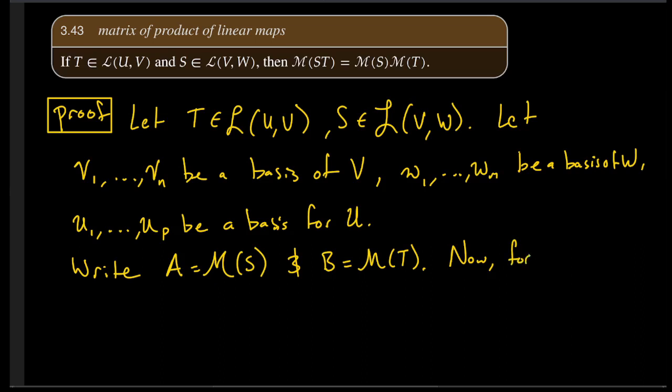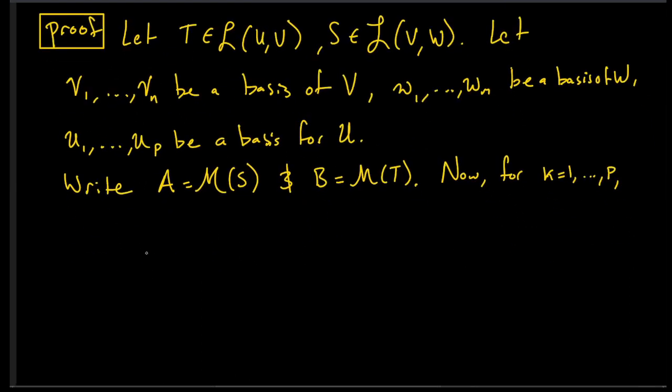Now, for k between 1 and p, we have the following. So the idea is that ST of Uk, the kth basis element of U, map it through ST. What I will get out is S times T of Uk, right?